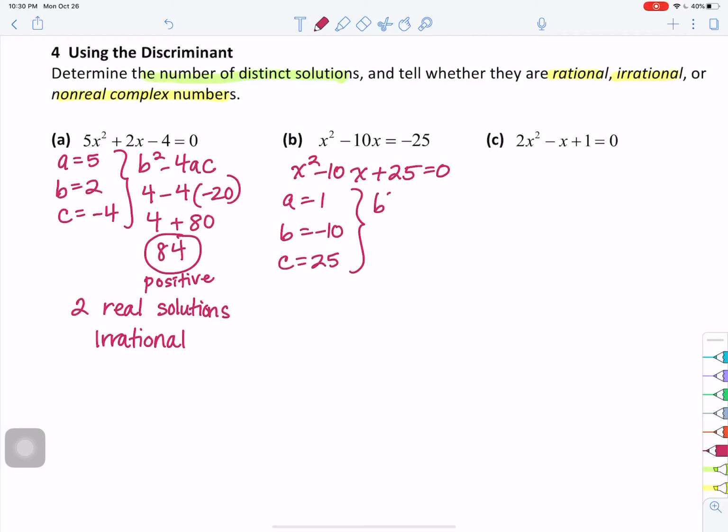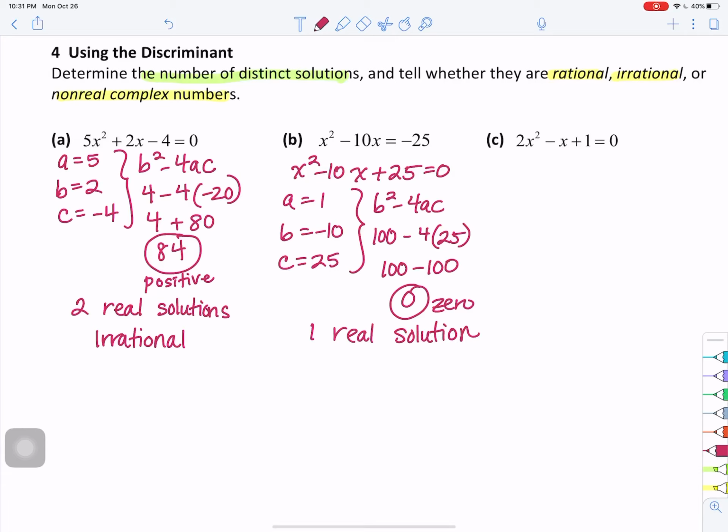B squared minus 4AC is 100 minus 4 times 25. 100 minus 100, and we get 0 for the discriminant. And if we have a discriminant equal to 0, we have one real solution, and it's rational.